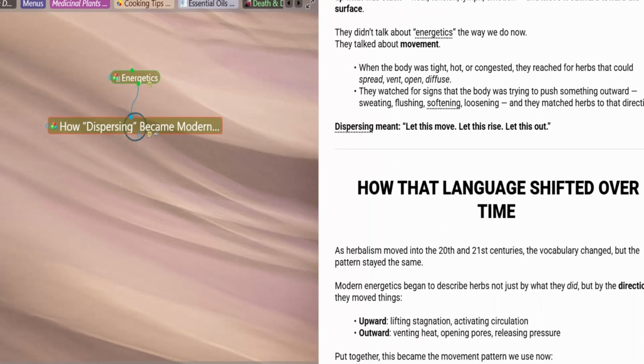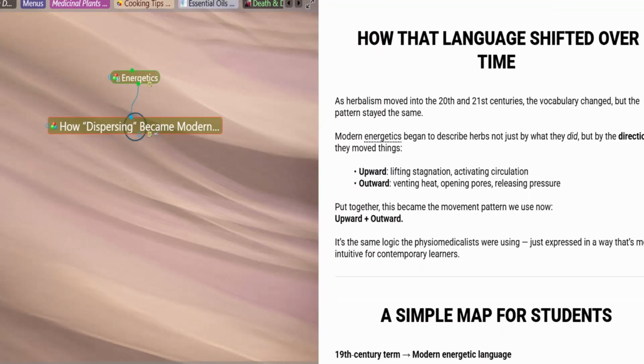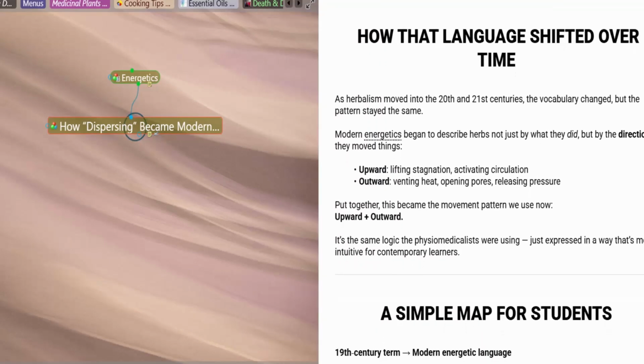But the language changed over time. When we moved into the 20th and 21st centuries, the vocabulary changed, but the pattern stayed the same. Our modern energetics began to describe herbs not just by what they did, but by the direction they moved things. So upward, for example, equals lifting stagnation, activating circulation.